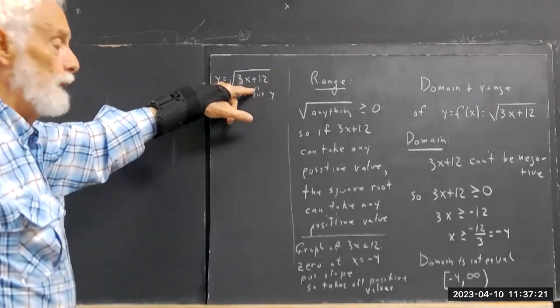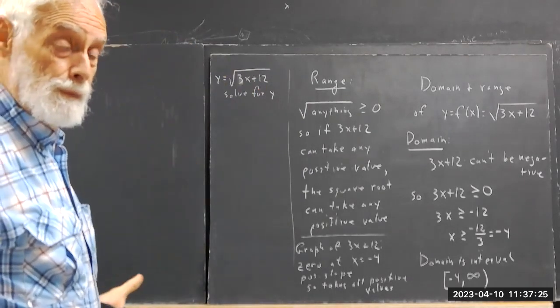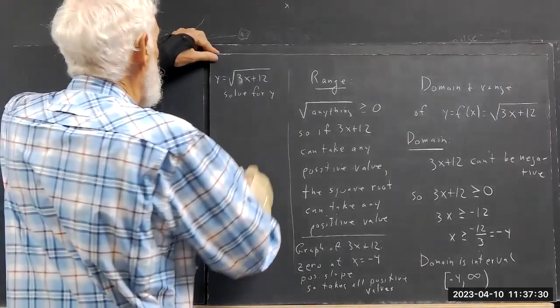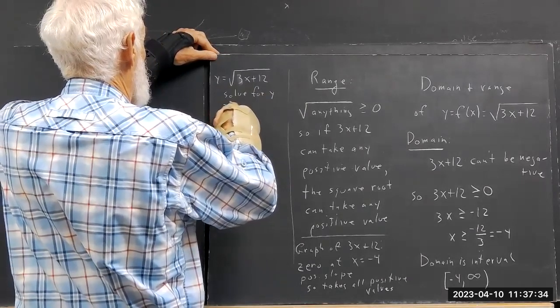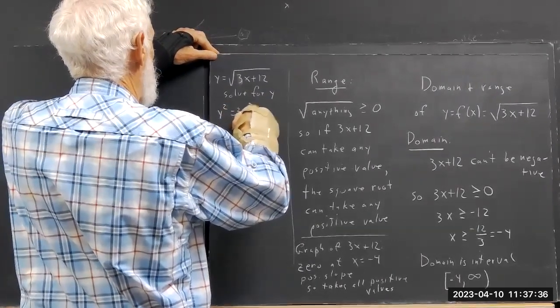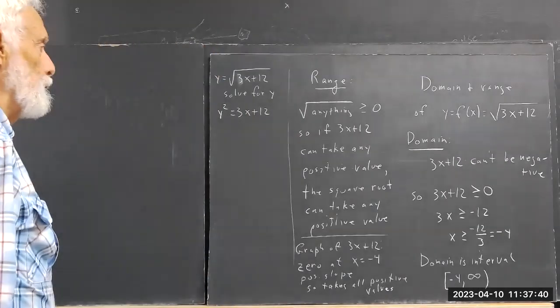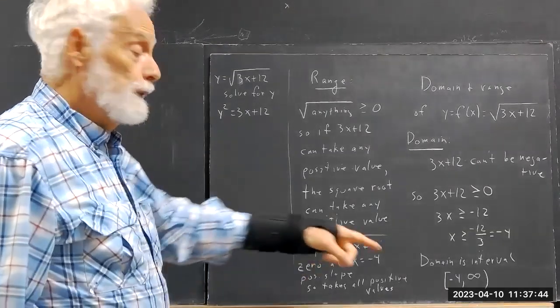We solve this equation for y. Okay. Well, we can square both sides. y squared would be 3x plus 12, but y has to be greater than or equal to 0.